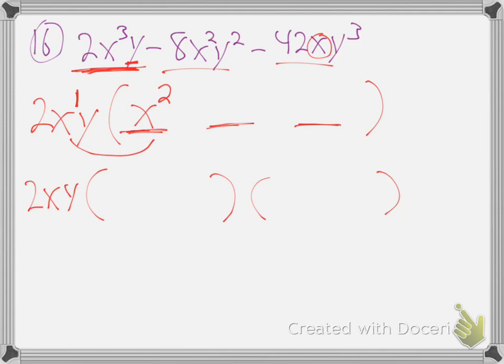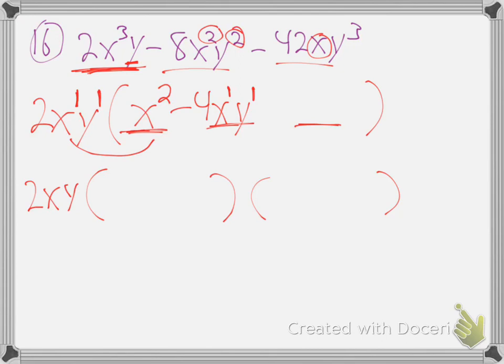So when these multiply, those powers add, don't they? That was last night's homework. Good? And then the middle one, what happens there? Minus 4, because 2 times 4 is 8. And what do we need on x and y? xy, because a 1 power adds the 1 power to make 2.